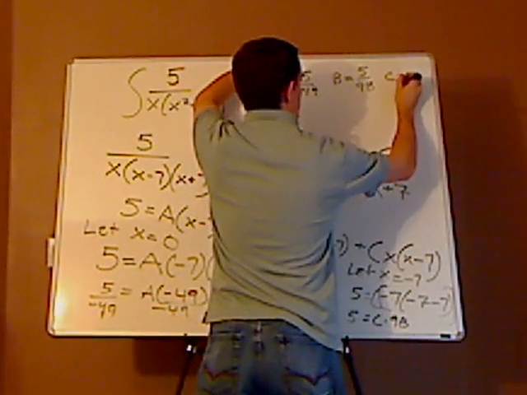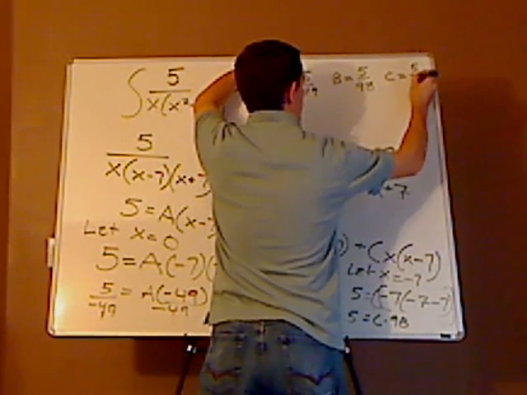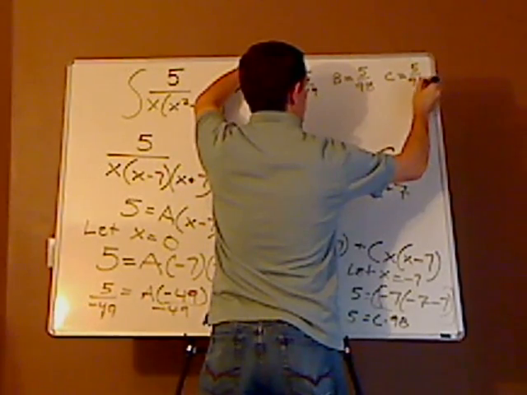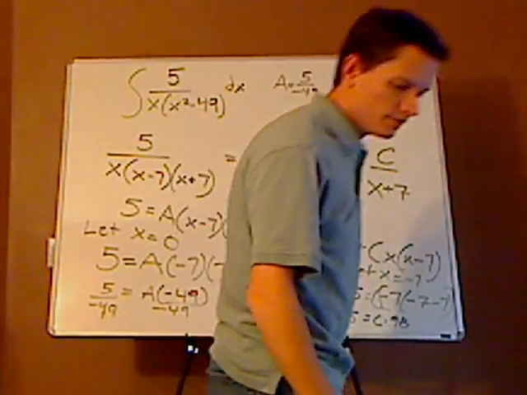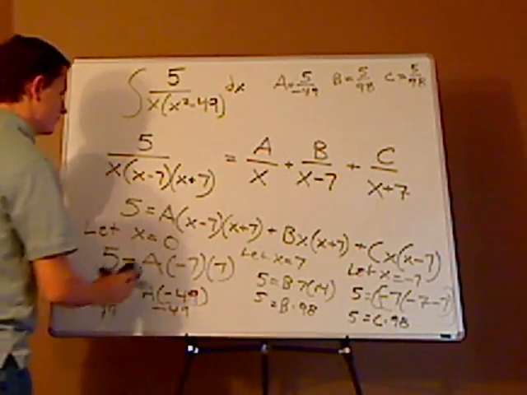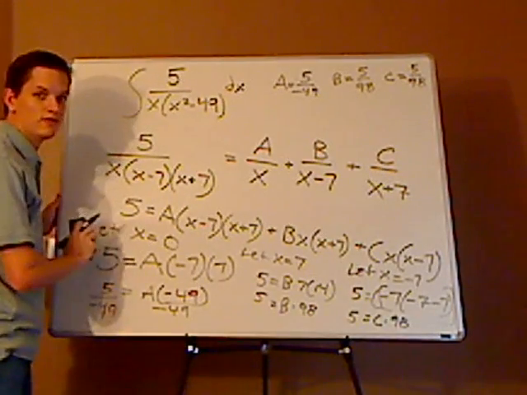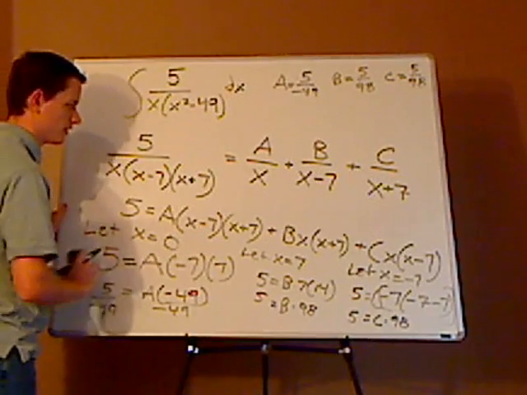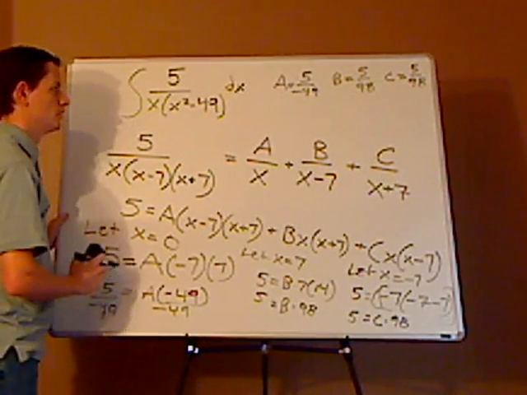So C equals 5 over 98. Alright. Now, if you haven't done this already, copy this down, pause the video.